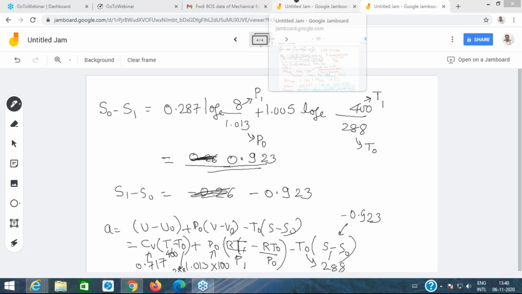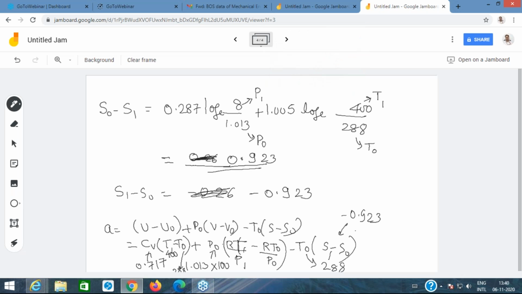Just I want to tell you that solving this is not very interesting. You need to remember the steps and you need to be careful with the units. In spite of understanding the concepts, there is a possibility that you make some mistakes in substituting the values, especially the units of pressure and R. You need to substitute everything in consistent units.